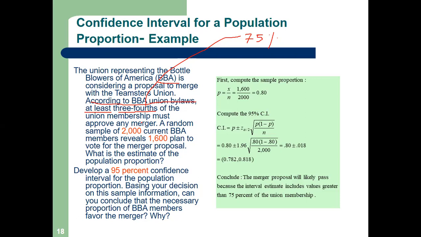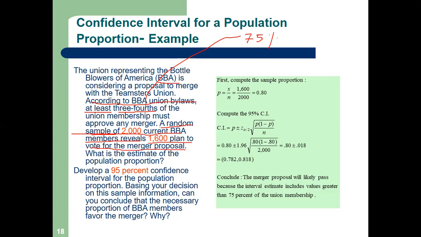Now, a random sample. All of you listen carefully. A random sample of 2000 current BBA members reveals 1600 plan to vote for the proposed merger.